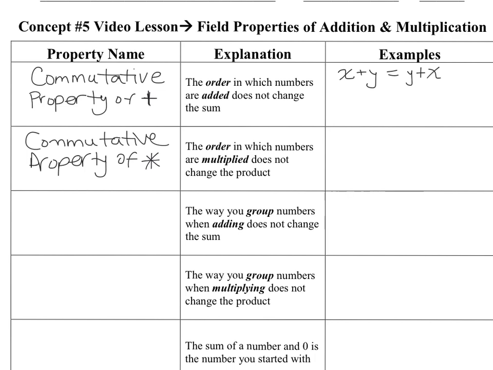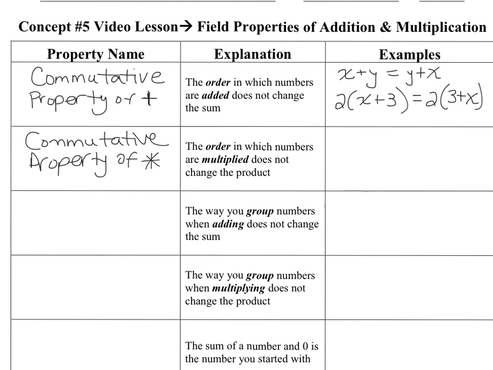A harder example: I could have 2 times, in parentheses, x plus 3, and then say that's going to equal 2 times, in parentheses, 3 plus x.